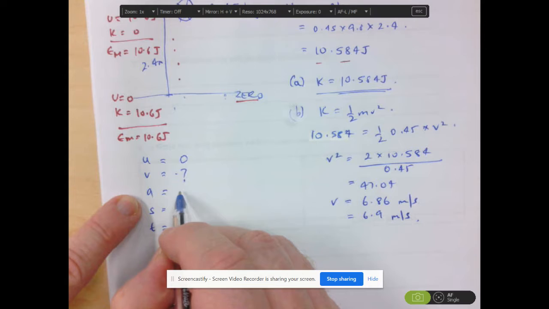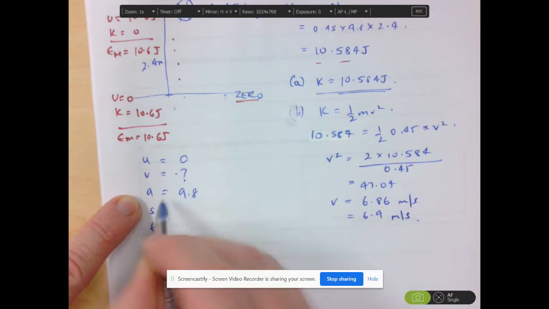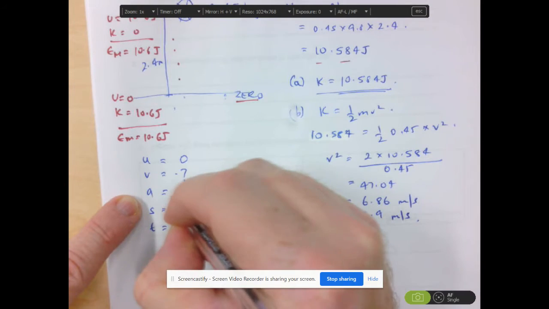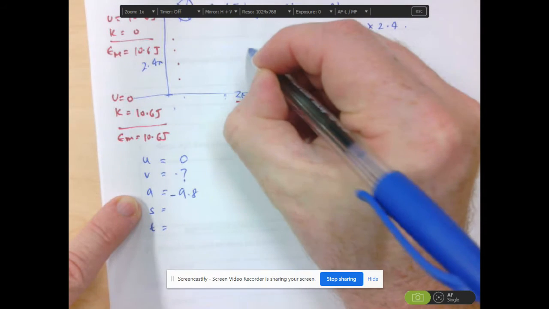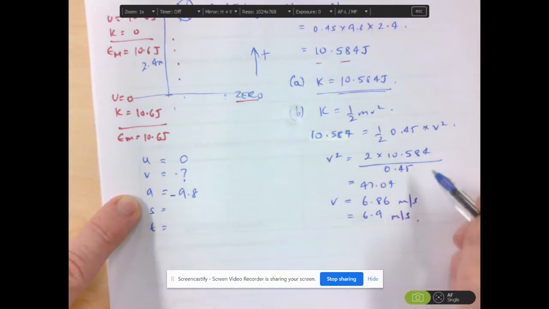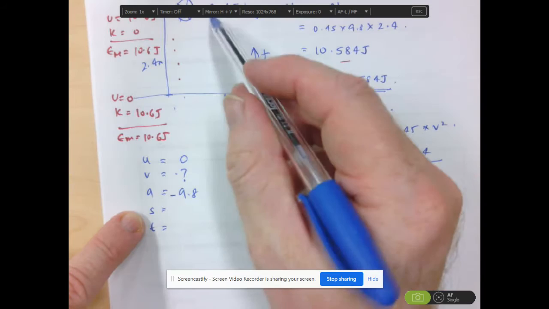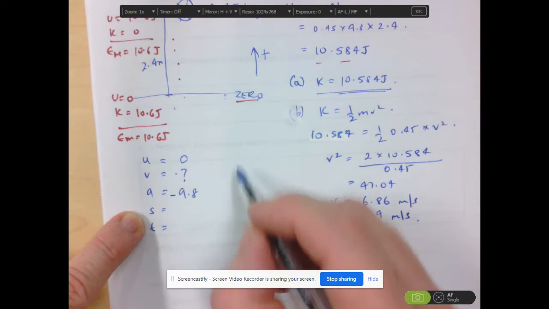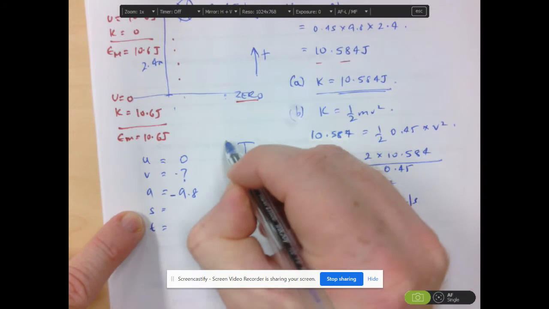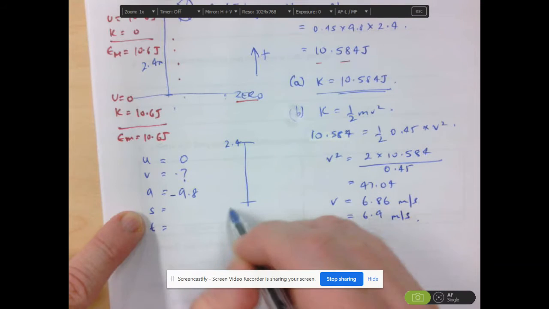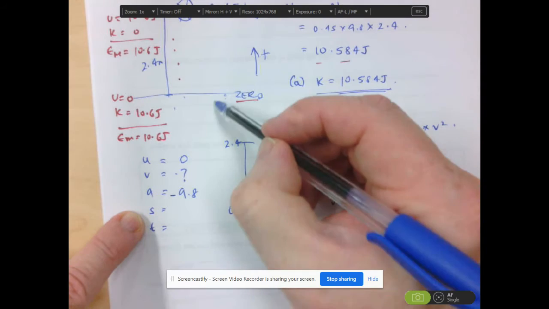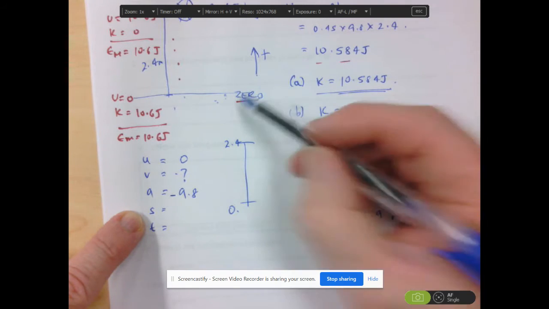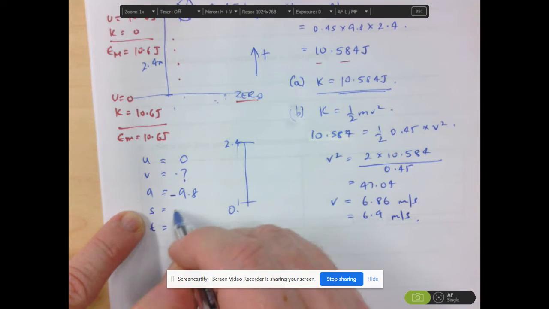We know the acceleration is 9.8, and we are using the downward direction, so up is positive and down is negative.